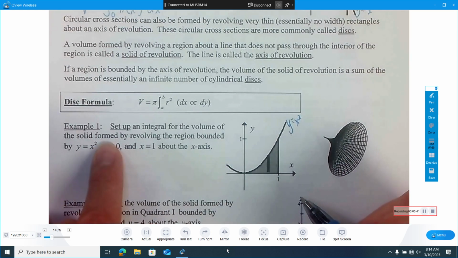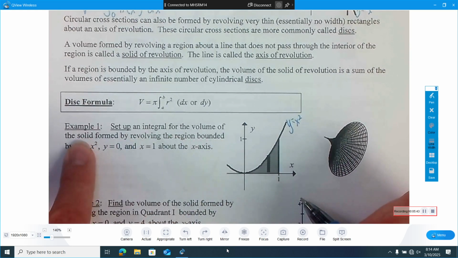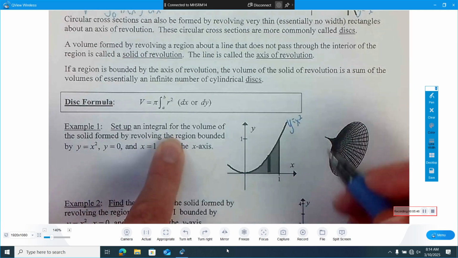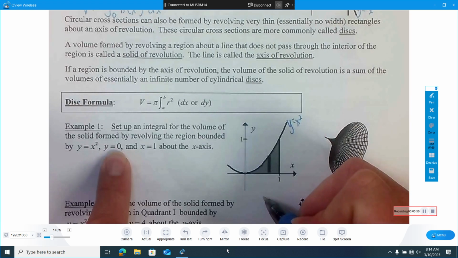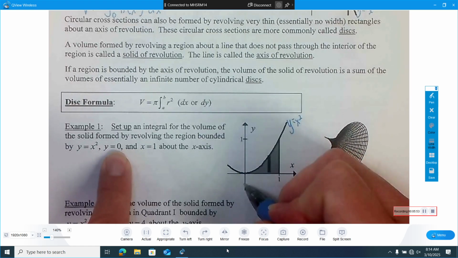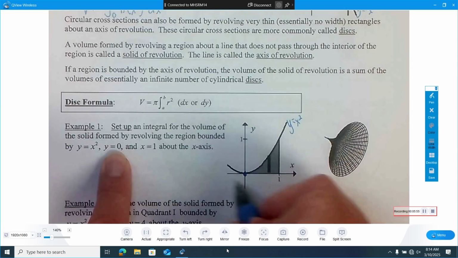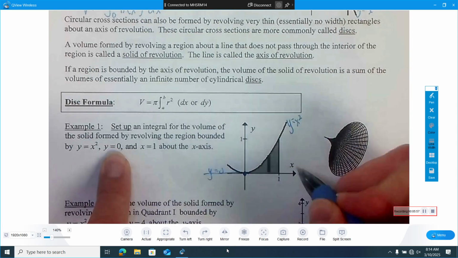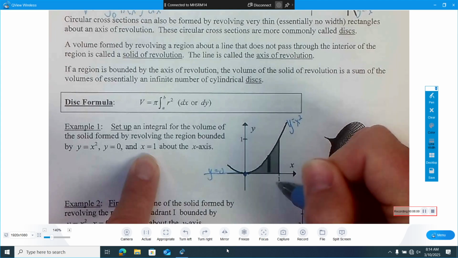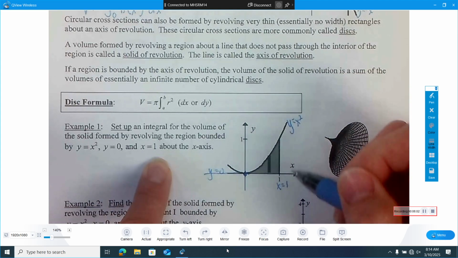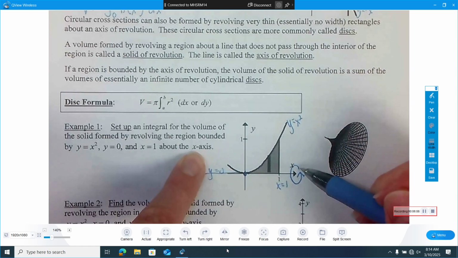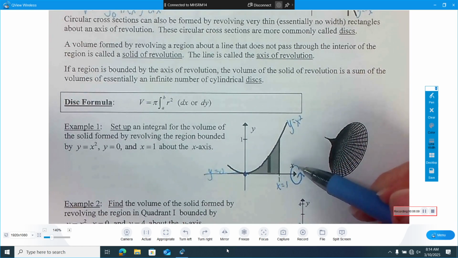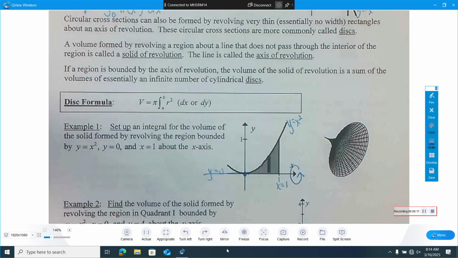What we want to do is find the volume of the solid formed by revolving the region bounded by y equals x squared, y equals 0, which is just this horizontal line, and the vertical line x equals 1, about the x-axis. So we're going to revolve around the x-axis here. This is our little notation that we use to show that we're spinning this shape around the axis.